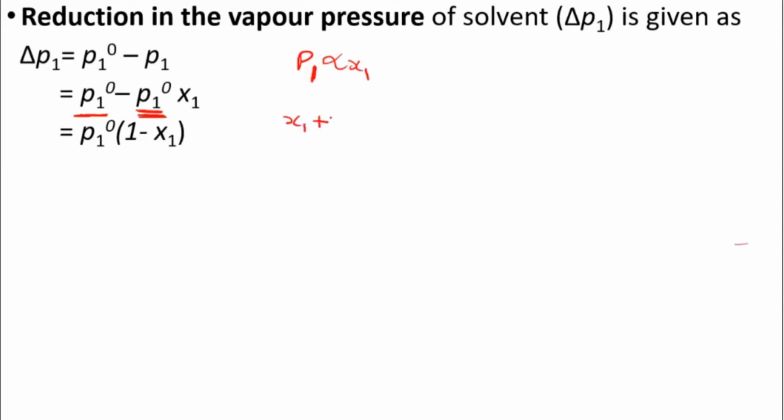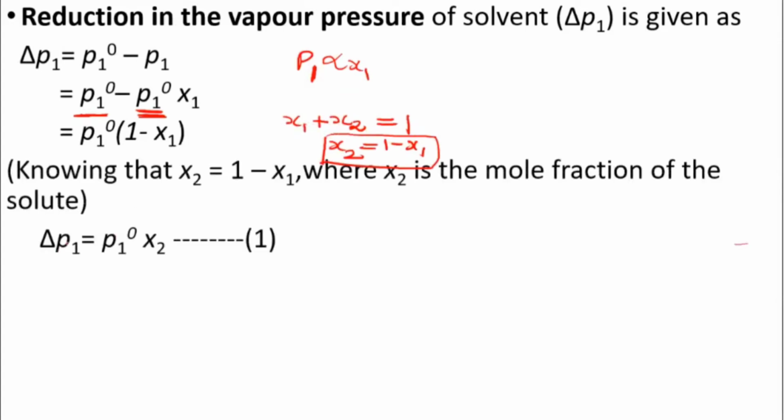And according to the mole fraction formula, the sum of the mole fractions of all the components is equal to 1. So X1 plus X2 is equal to 1. That means 1 minus X1 is actually equal to X2. So this value is substituted here.